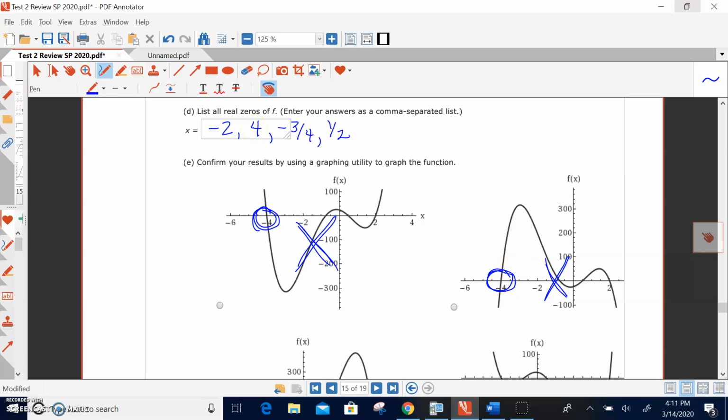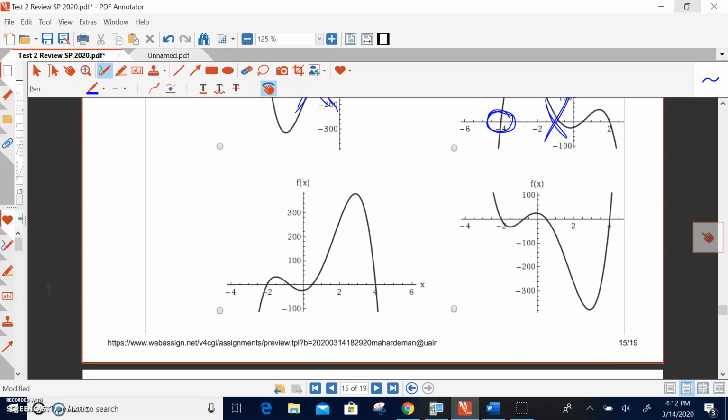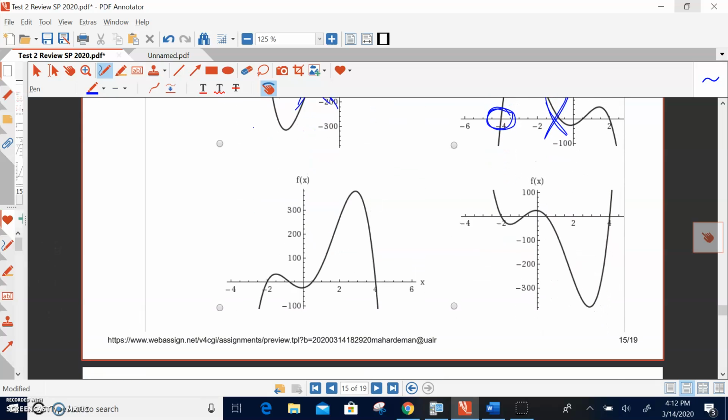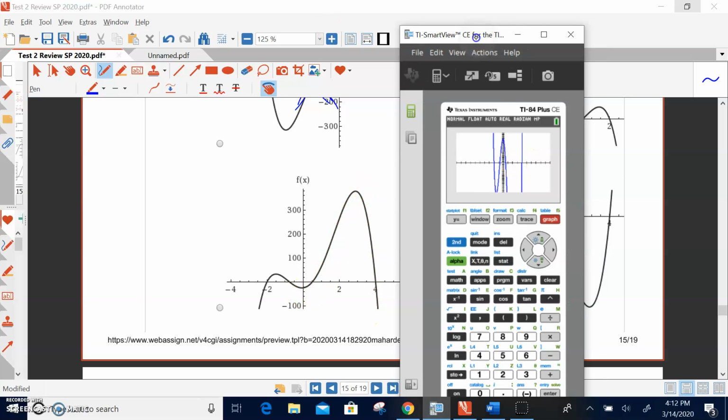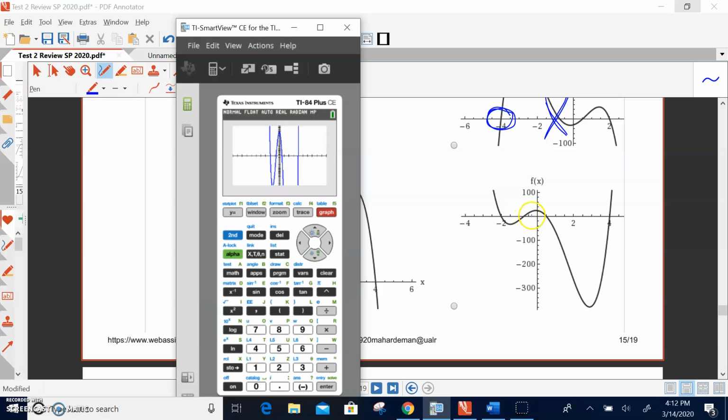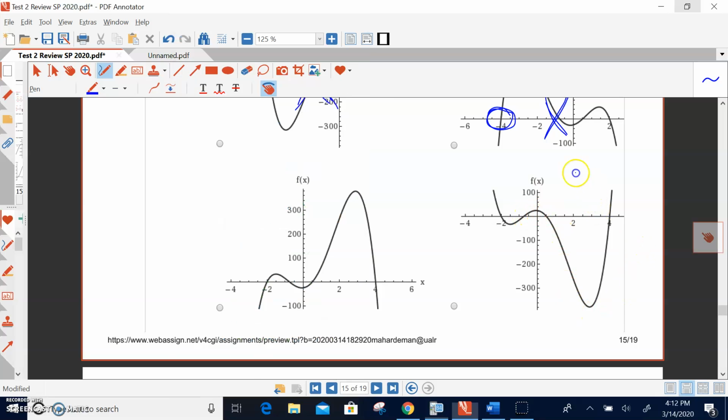Now the last 2 graphs actually show those 4 zeros, so we need to pick which one based on the graph. If you graphed it, then it can't be this one on the bottom left because of this high point right here. That's not what the graph shows. The graph shows that we have this dip down here. So this would be our final graph.